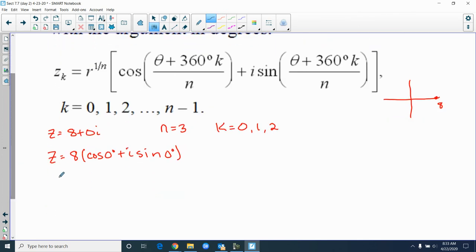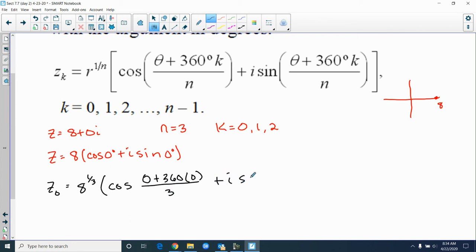So for the first one, z sub 0, that is going to be 8 to the 1/3, 1 over n, cosine of the angle, which is 0, plus 360 times k, which is 0, divided by n, which is 3, plus i sine 0 degrees plus 360 times 0 divided by 3.